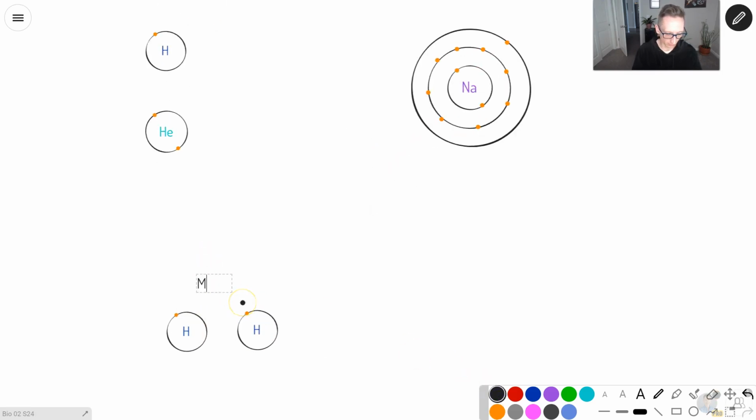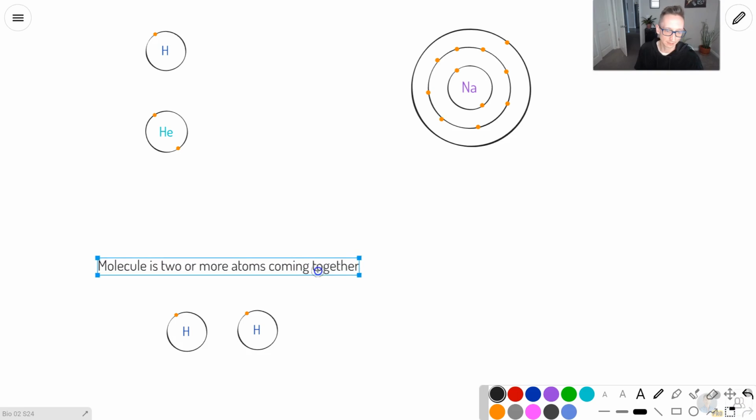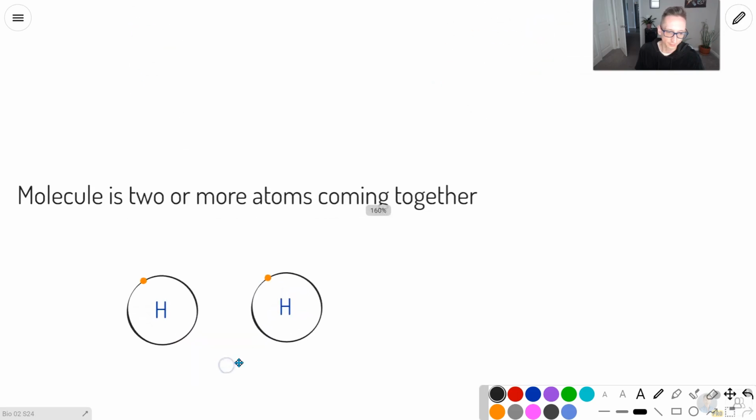So a molecule is 2 or more atoms coming together. Molecules, 2 or more atoms coming together. And here we have an example of hydrogen.